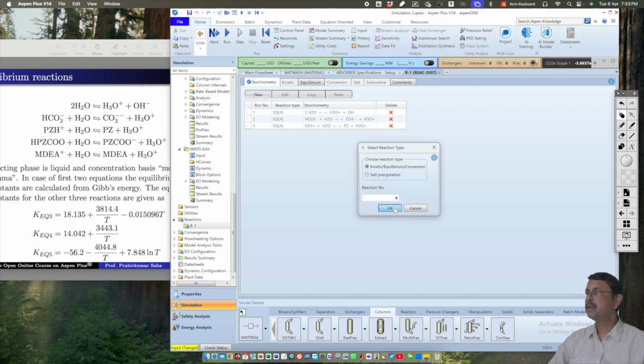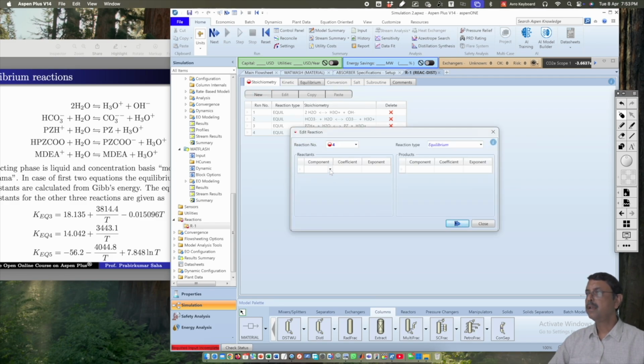The fourth one is HPZCOO plus H2O, then the component PZCOO minus and H3O plus.